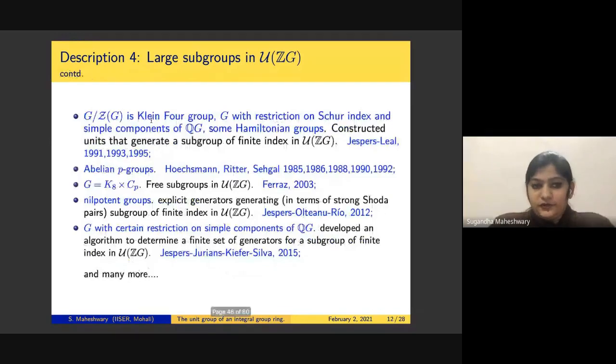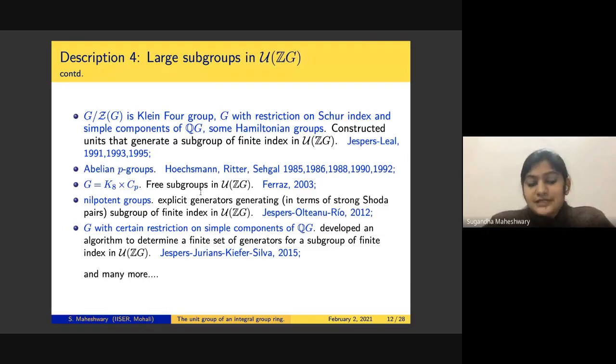Here is a list of all other groups which have been handled. In fact, this is not true for the case of the quaternion group of order 8, so K8 cross CP that you see here. Here the discussion has been about free subgroups in UZG.